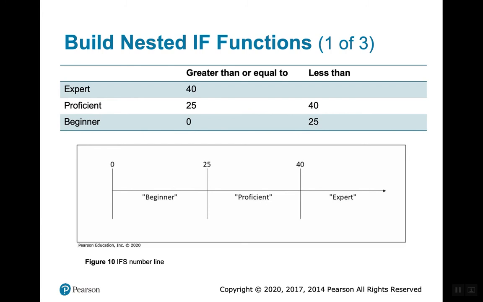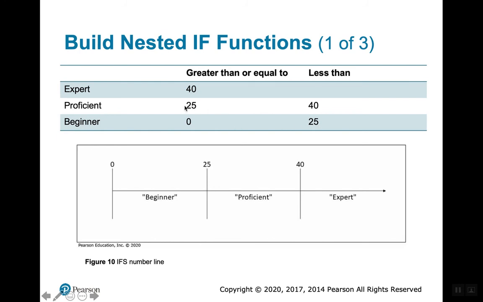All right. So, on top of that, including the ands and ors, we can nest if statements. All right. So we can say, in the case here, if something is between 0 and 25, it'll be a beginner.